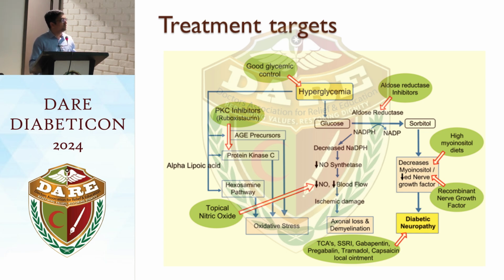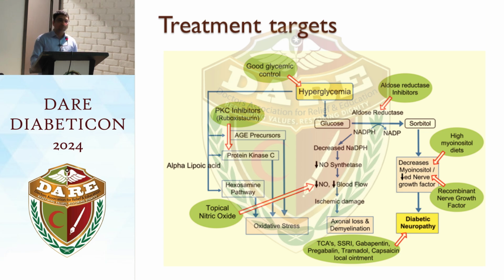When it affects the GIT, it causes gastroparesis or constipation alternating with diarrhea; there can also be bladder dysfunction, sweating abnormalities, hypoglycemic unawareness and pupillary abnormalities. These are the types. One among them I am going to choose, that is cardiovascular autonomic neuropathy, because it is important to recognize this to reduce mortality.